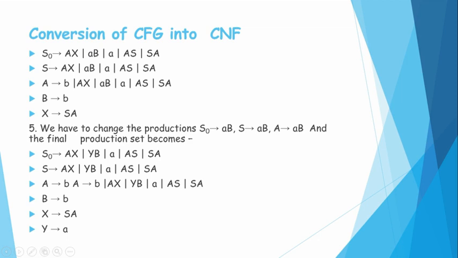Substituting in place of A we have placed Y. So this now becomes a non-terminal deriving 2 non-terminals, which is acceptable in CNF. So we have hence done our question in CNF. The rest is similar, done in the same way.